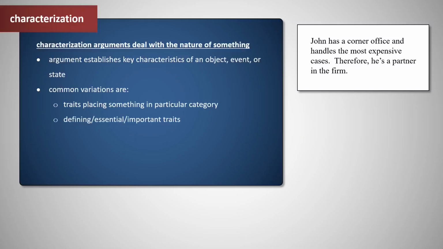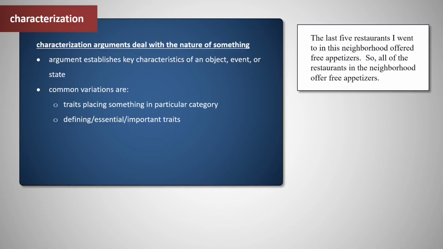Likewise, we can have arguments that deal with defining or essential or important traits. And this is similar to the one above. It's kind of a question of how you look at it, but it's once again the same thing of looking at key characteristics, in this case defining or essential and important characteristics, and the conclusion characterizing that particular thing. So an example would be, here we have that the last 5 restaurants I went to in this neighborhood offered free appetizers.